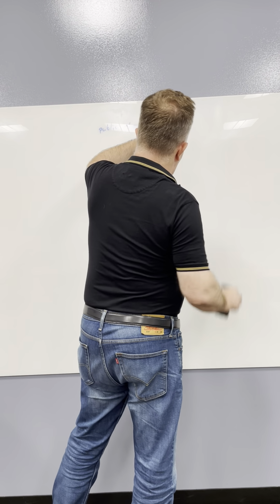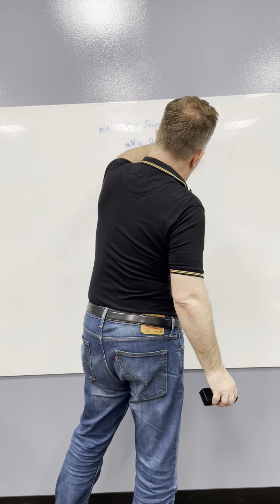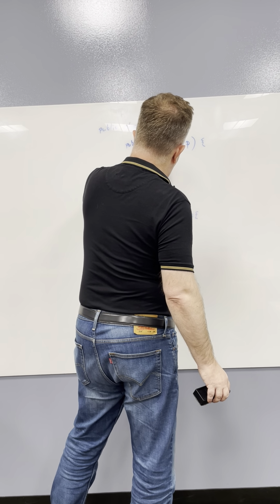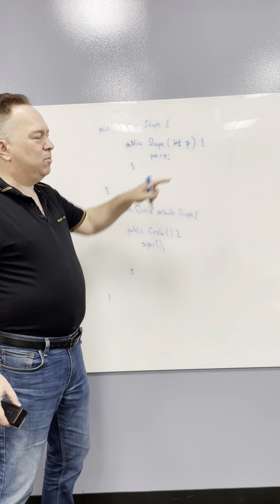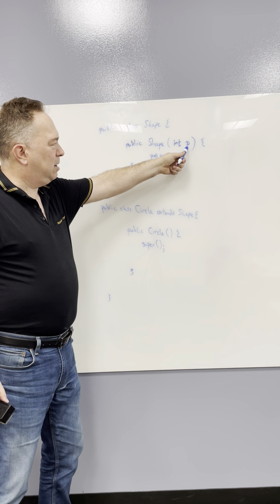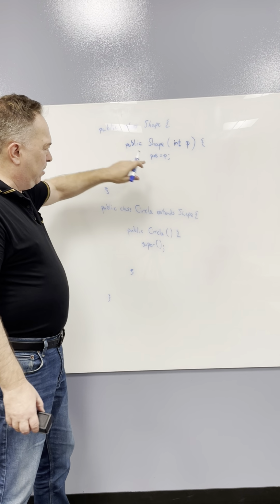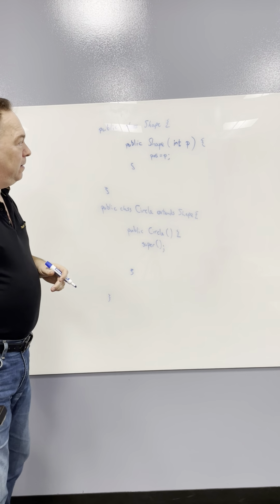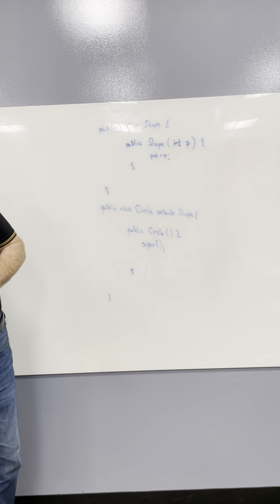So let's say, just for fun, that for a shape you must set an initial position. When you construct a shape, you have to give it some position. And remember when we had the whole thing written out, we had a data element for position. So we assign that as we construct the shape. That's required, so we have to do it down here.